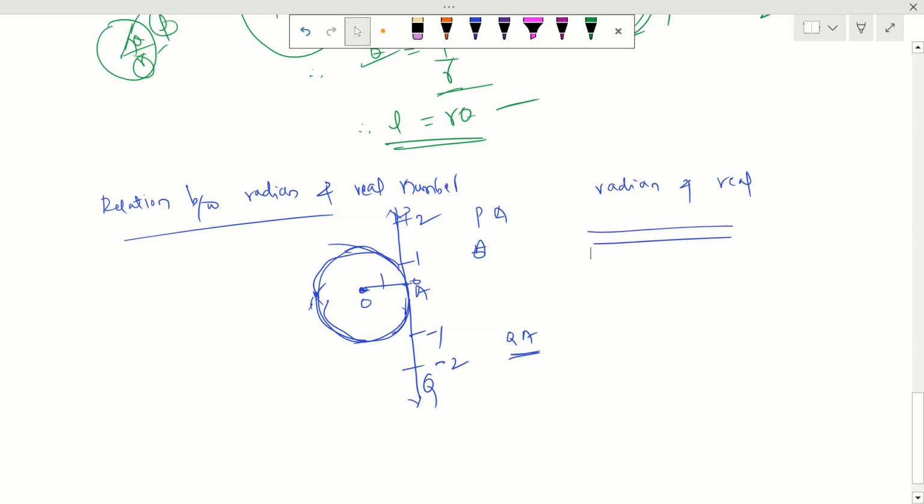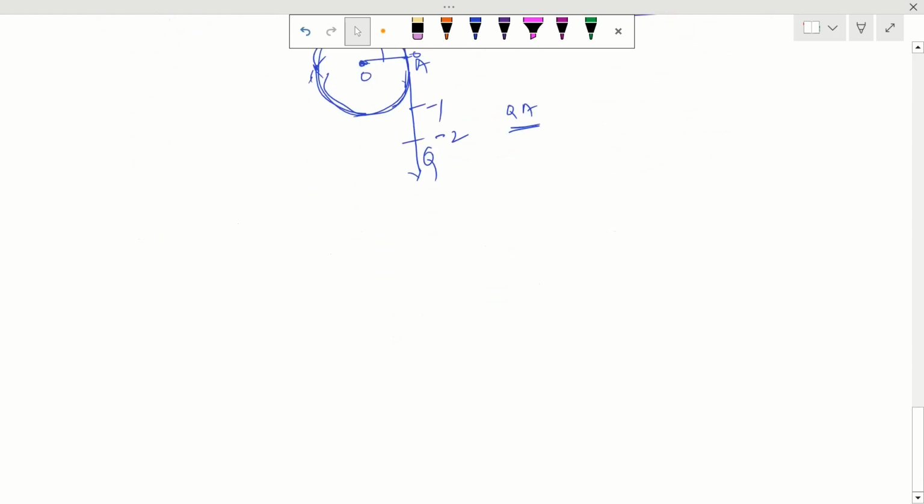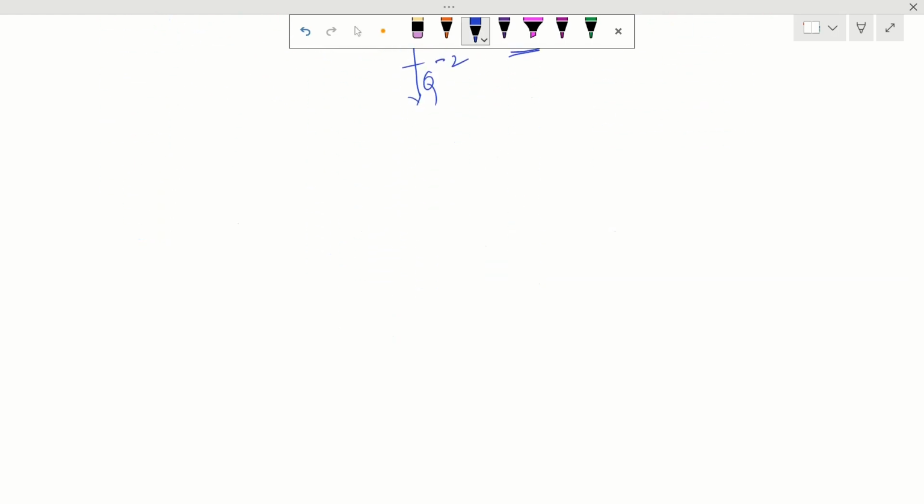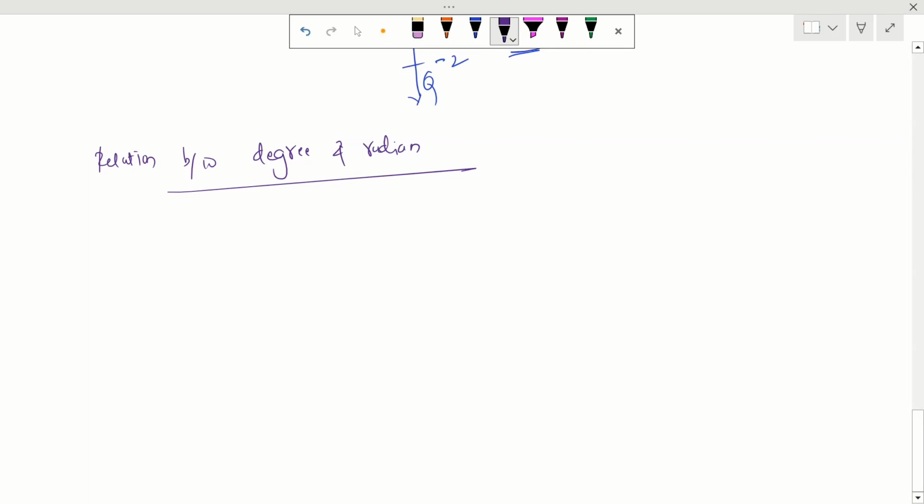Now we'll discuss the relation between degree and radian. From the radian we understand that 2 pi, the circumference, is equal to 360 degree, and therefore pi radian is equal to 180 degree.